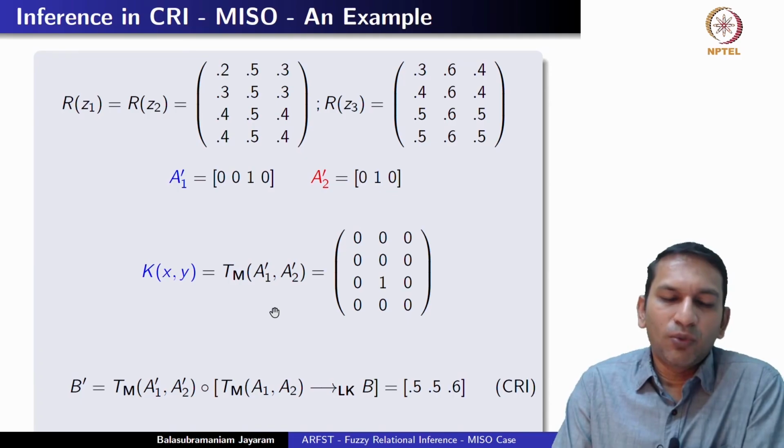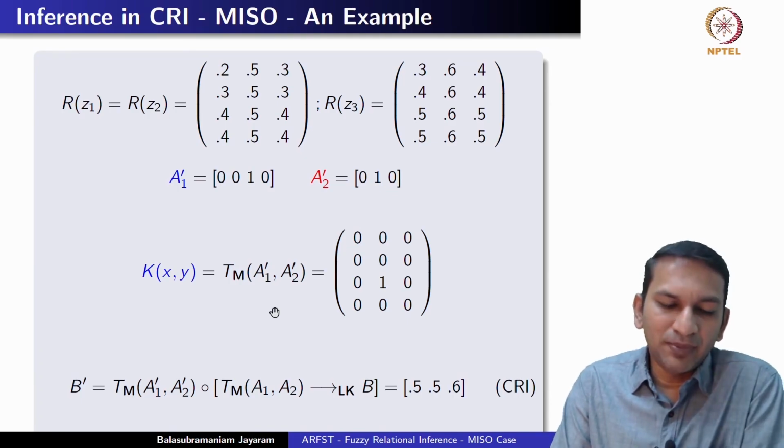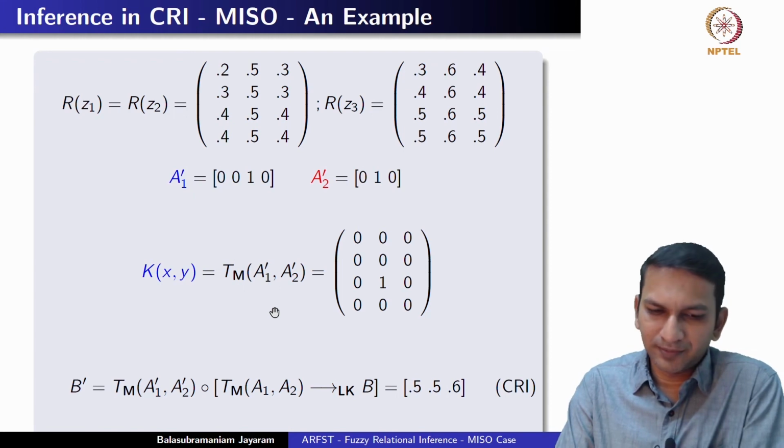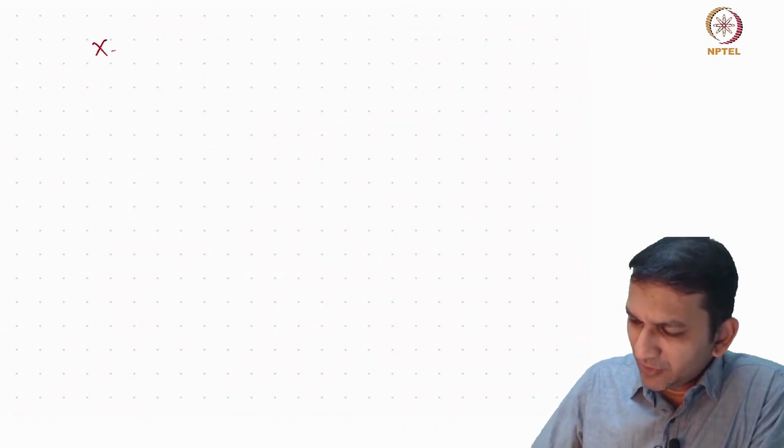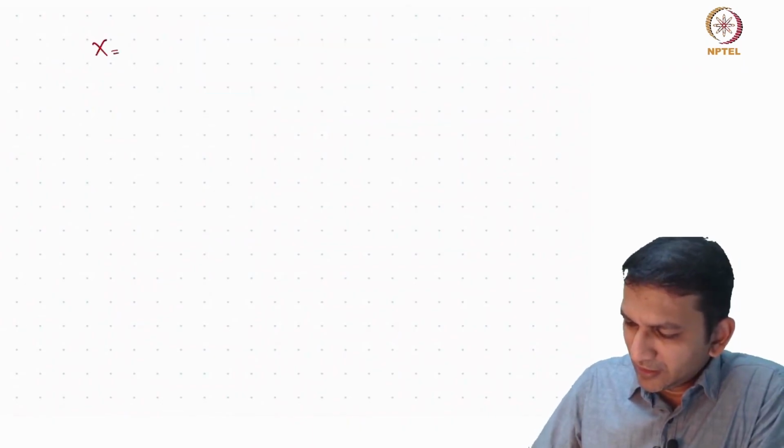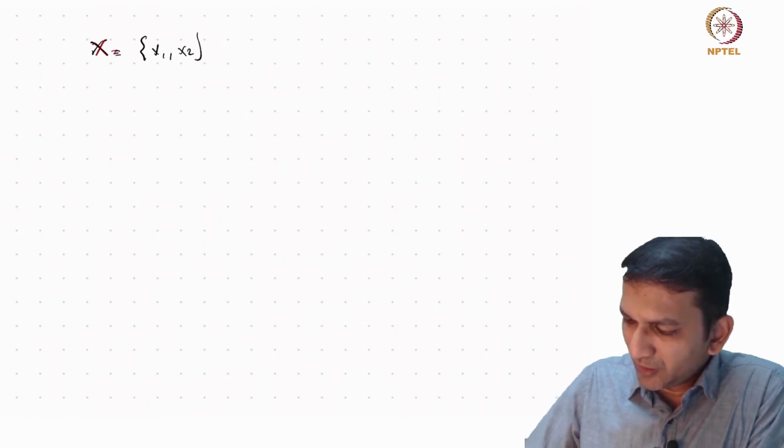Let us look at one other example only from the calculation point of view. For this example, let's take x to be just x1, x2, y again to be y1, y2.